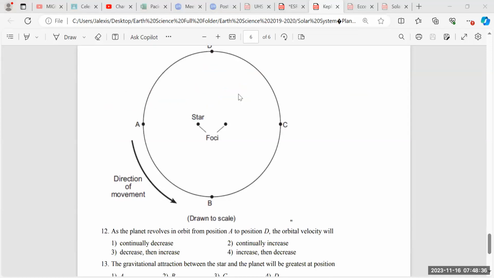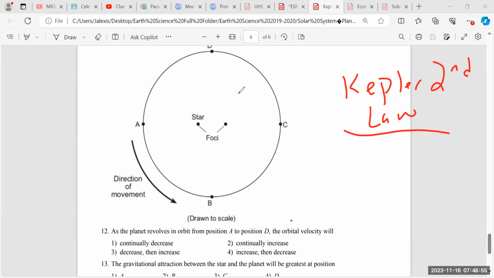As the planet revolves in orbit from position A to D, the orbital velocity will what? So remember Kepler's second law. What does Kepler's second law say?